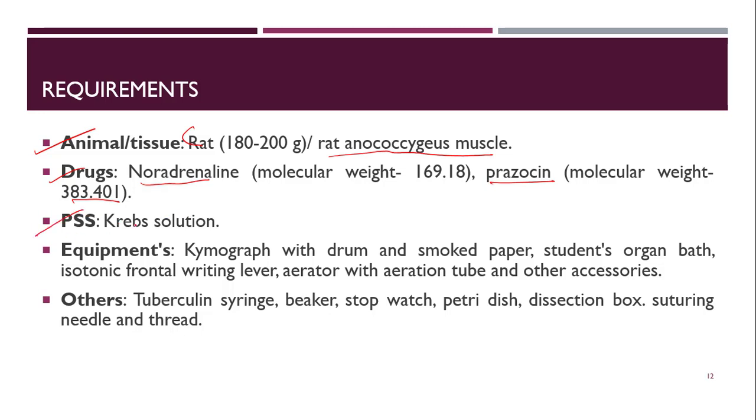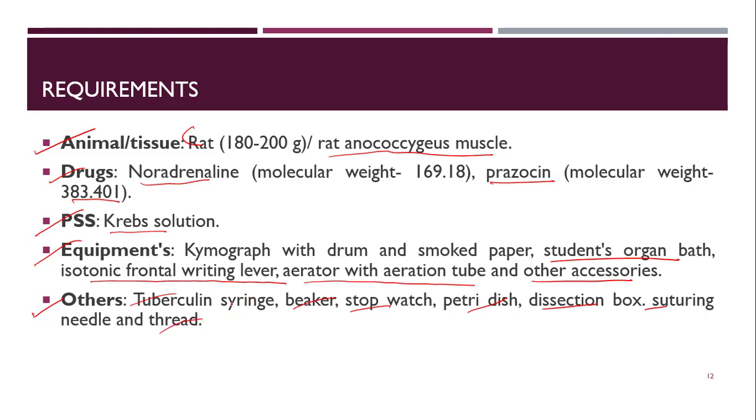Then for PSS, we will be using Krebs solution. Then the equipment: kymograph with drum and smoke paper. We don't use smoke paper; instead we use white paper. Then student's organ bath, isotonic frontal writing lever, aerator with aeration tube, and other accessories. Other things that we require are a tuberculin syringe, beaker, stopwatch, petri dish, dissection box, suturing needle, and thread.